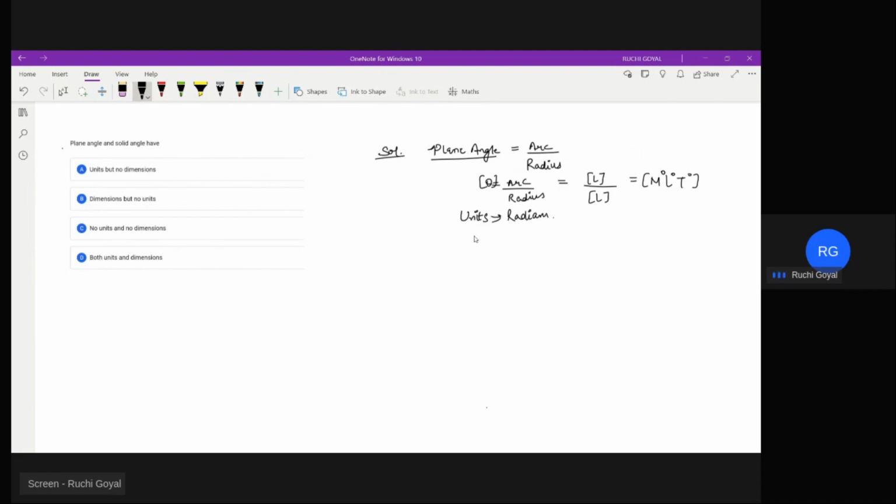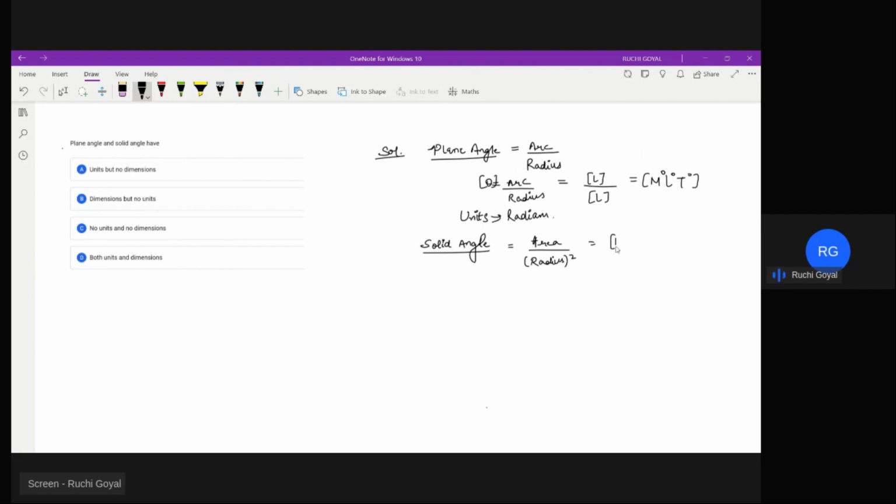Now we have to find for solid angle. Now for solid angle, it is area upon radius square. This is the formula of solid angle.